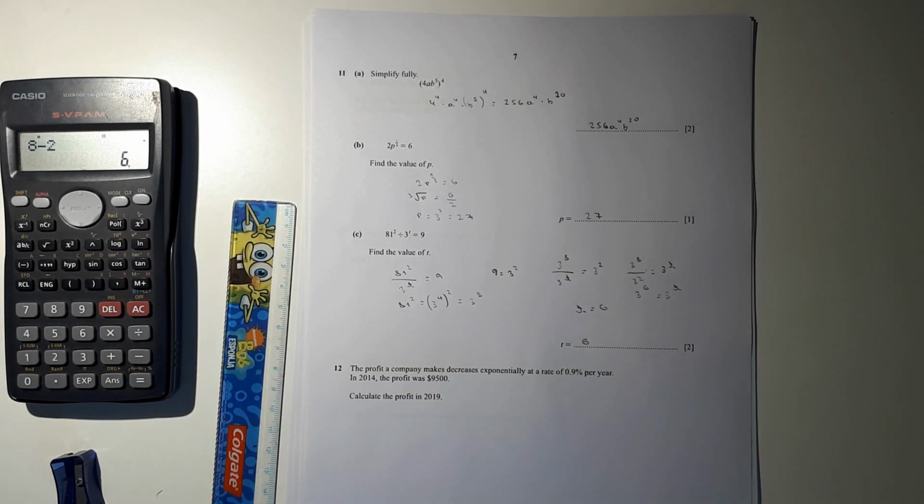Now we got that the profit of a company decreases exponentially at a rate of 0.9 per year. We know that in 2014 the profit was 9,500, and we have to calculate the profit in 2019. So we are going to make use of the formula of compound interest, but in another way.